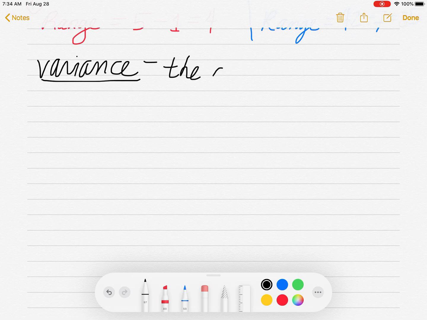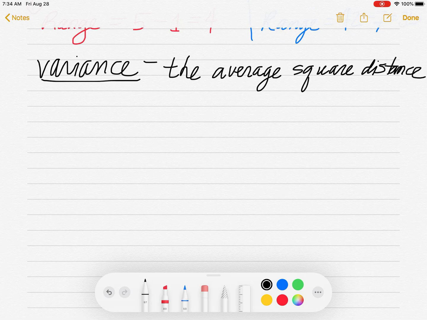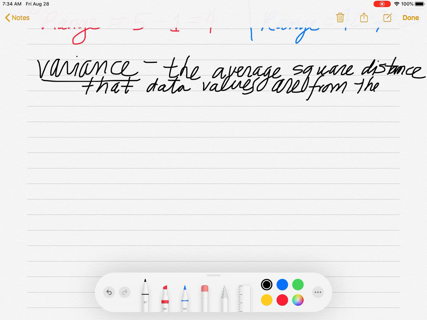It's the average square distance that data values are from the mean. The average square distance that data values are from the mean.